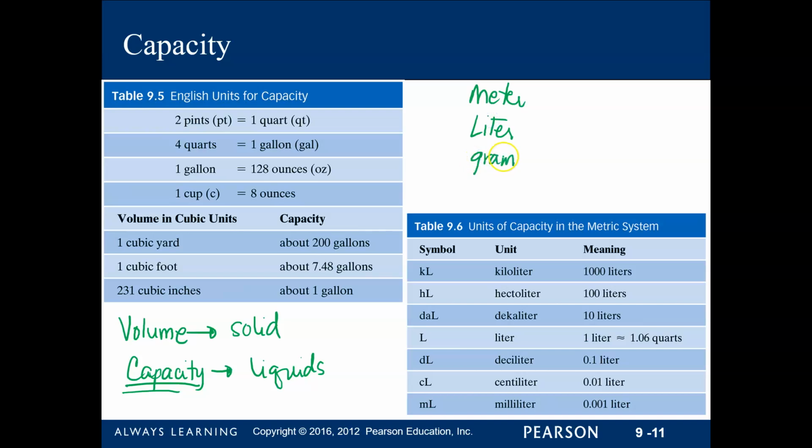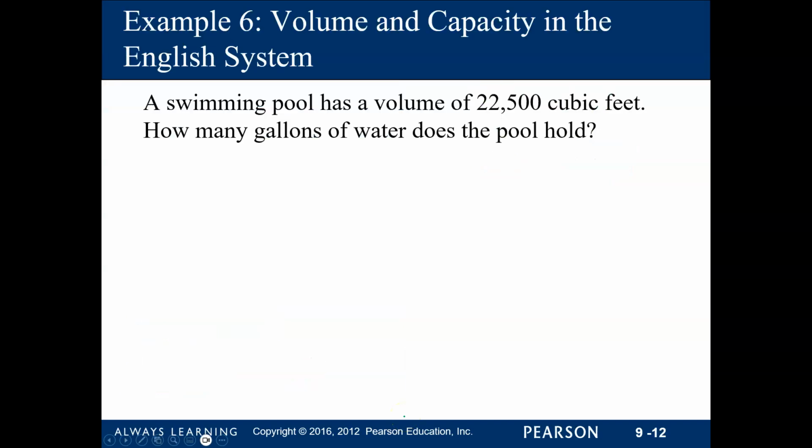Meter is length. Liter is capacity, again for liquids. And grams is for the weight. So you can see we still follow King Henry drinks chocolate milk in our metric system.